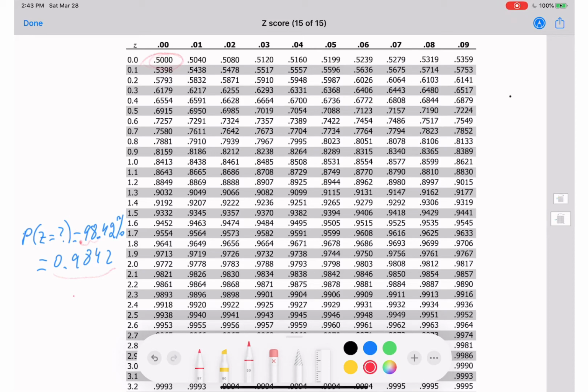And that is gonna be, let me see, 9842. And that is precisely right here, 9842.